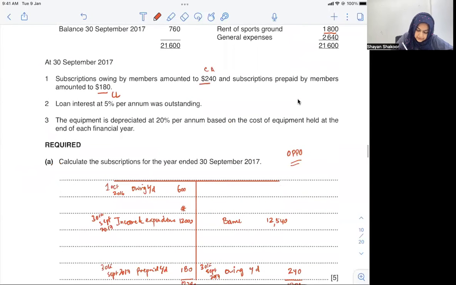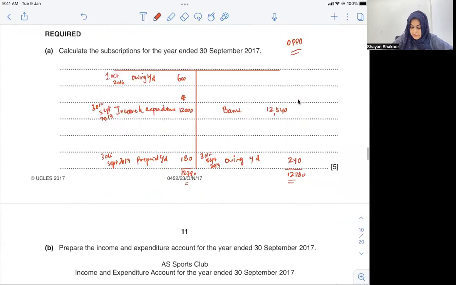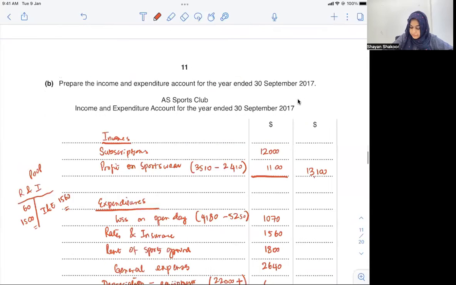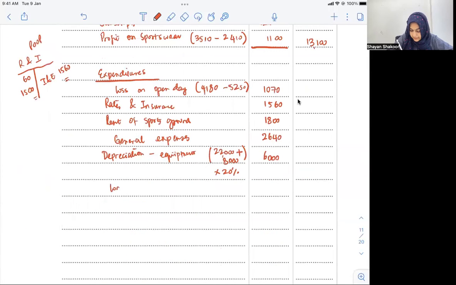They haven't paid the loan interest. It's completely outstanding, and it's 5% per annum. The loan here is 7,000, so 5% of 7,000. So you write loan interest here, and you write 7,000 multiplied by 5%, and that gives us 350.